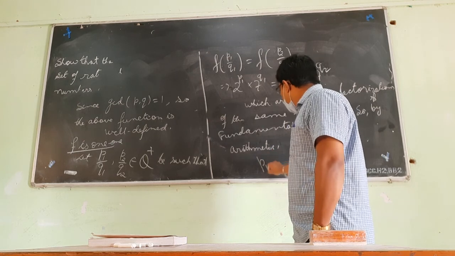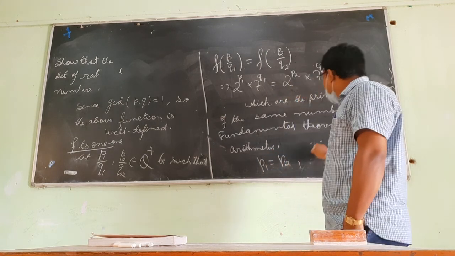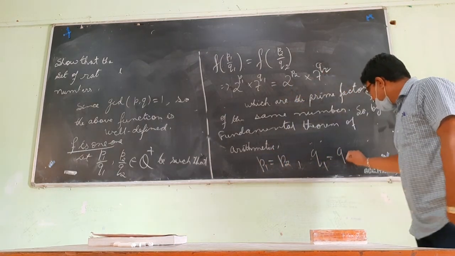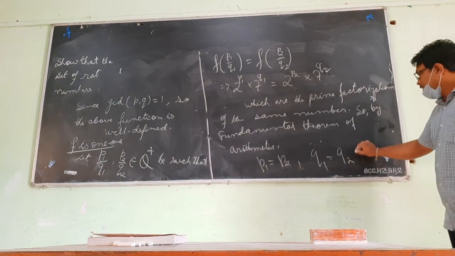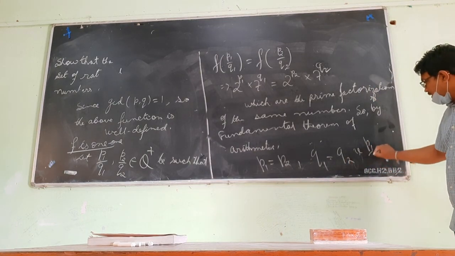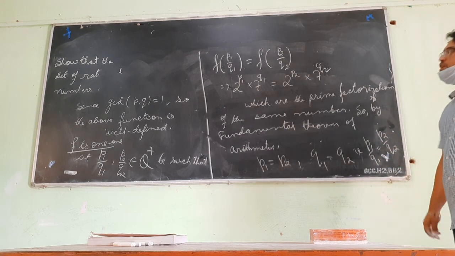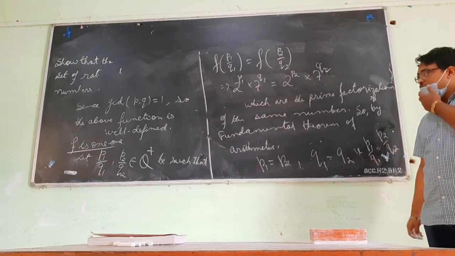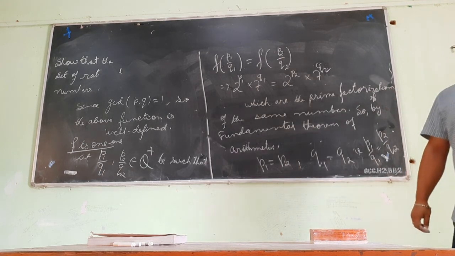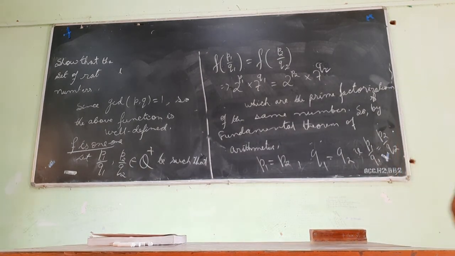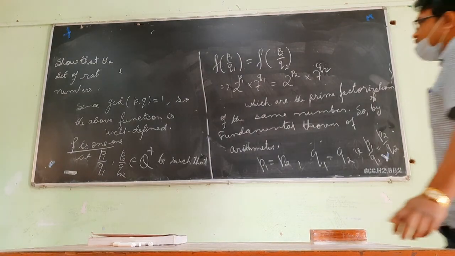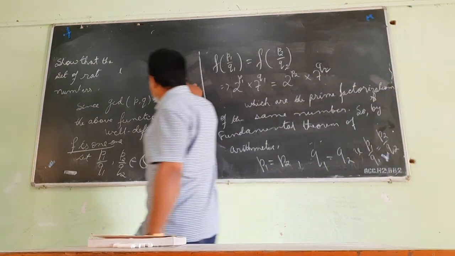That is, p1 by q1 should be the same as p2 by q2. So this function is 1-1. We have constructed a 1-1 function from Q plus to the set of natural numbers, so we can conclude that Q plus is countable.